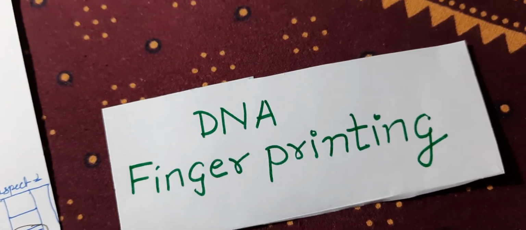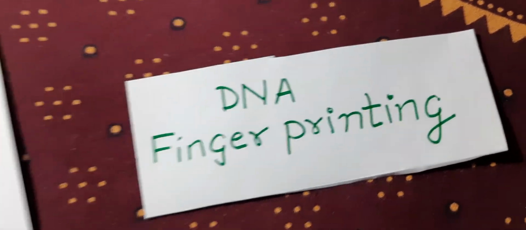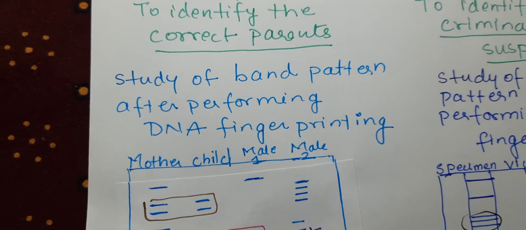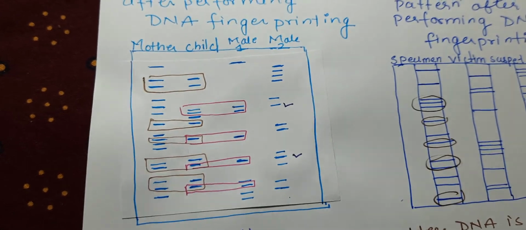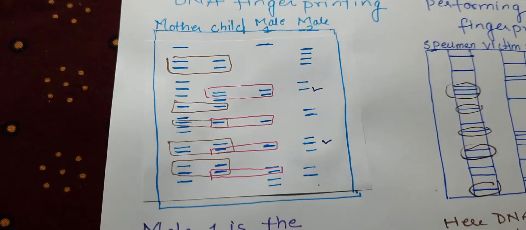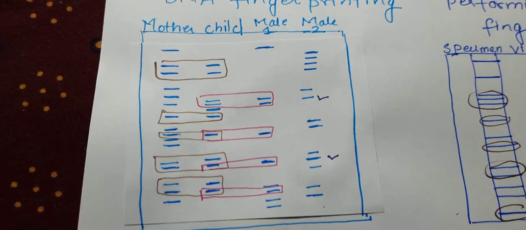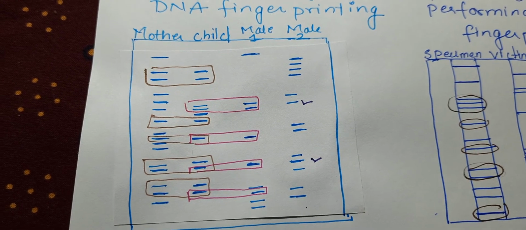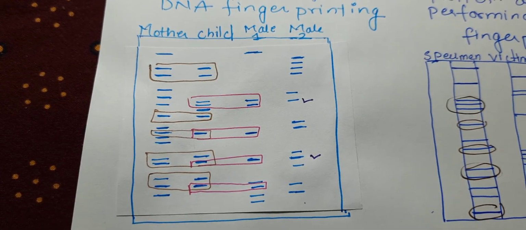Now we will see two applications of this technique. First is to identify the correct parentage. Suppose this is the final band pattern obtained on the nitrocellulose membrane. Does this child belong to male 1 or male 2? Which one is the father of the child?